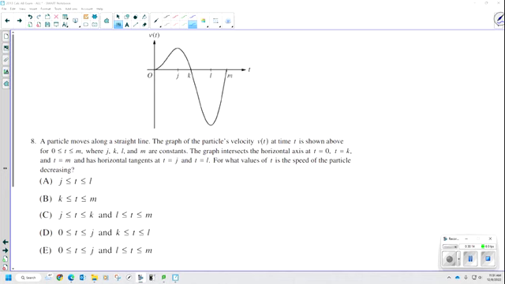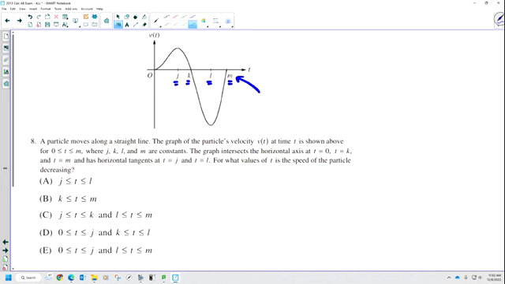Number 8, love the graph of v of t, which I'm assuming is velocity. Number 8 says a particle moves along a straight line. The graph of the particle's velocity at time t is shown above for t values between 0 and m inclusive. There are no numbers, just these 4 values on the x-axis, assigned letters j, k, l, and m, where j, k, l, and m are constants.